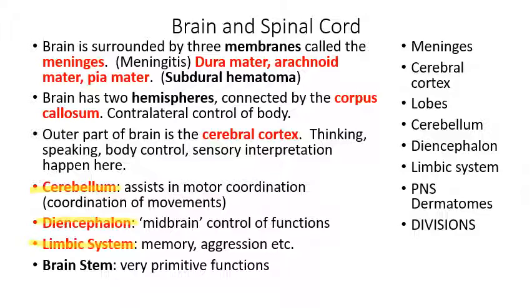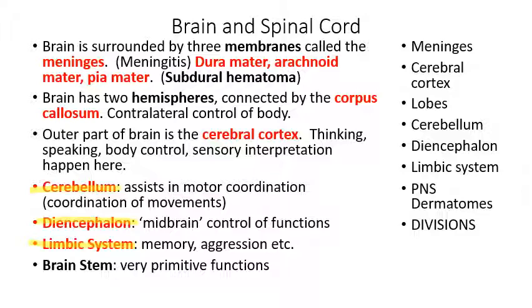So when you're trying to memorize this lecture, you're doing it with the help of the hippocampus. The amygdala is responsible for very primitive emotions like anger and rage. So obviously those two functions are not related, but they are located in the same place, and so the amygdala and the hippocampus are collectively called the limbic system.